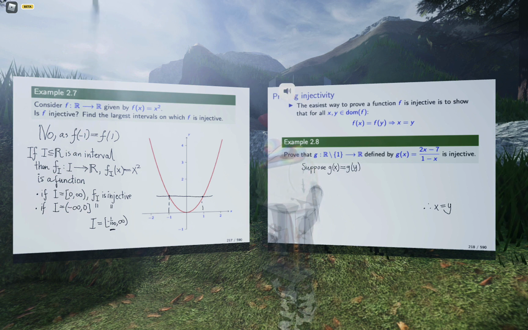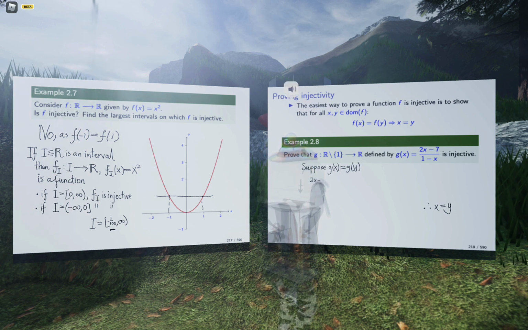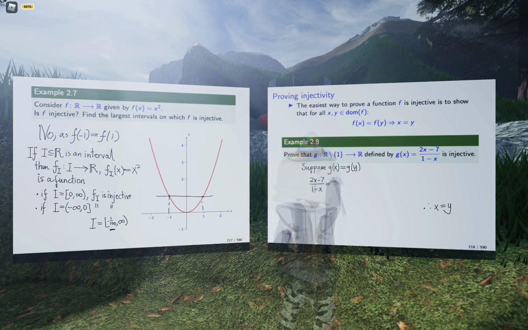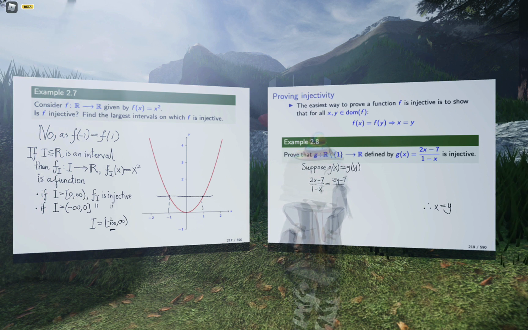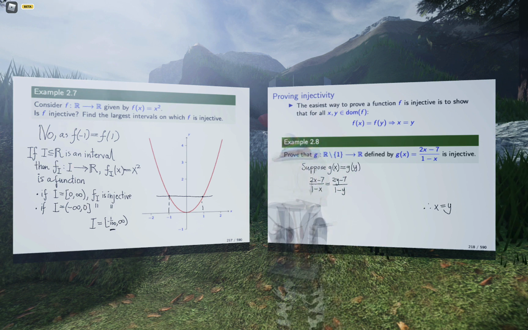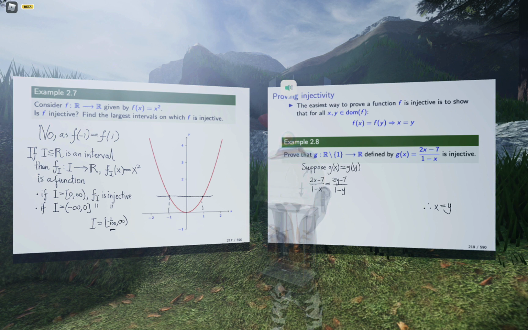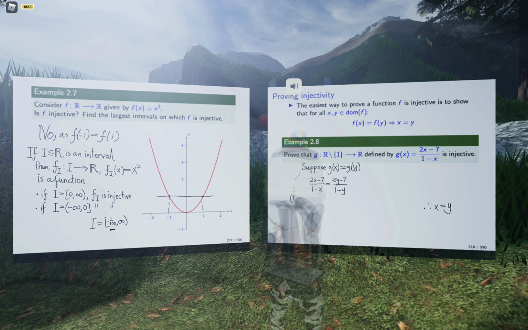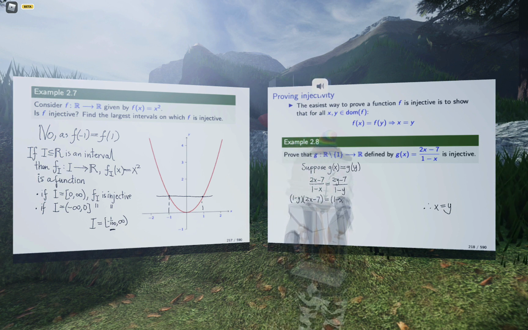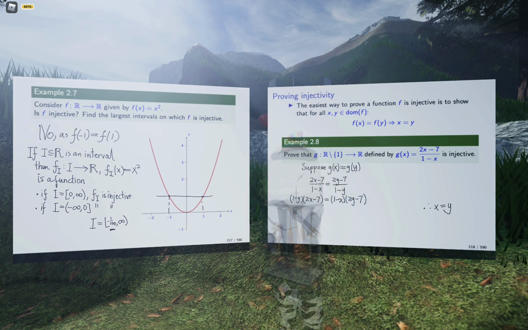Okay, so let me fill in the blah, blah, blah. What does that mean? Well, we just read the formula. (2x minus 7) on (1 minus x) equals (2y minus 7) on (1 minus y). So just multiplying the (1 minus y) to the left and the (1 minus x) to the right, we get (1 minus y)(2x minus 7) is equal to (1 minus x)(2y minus 7), and we'll just expand it out.